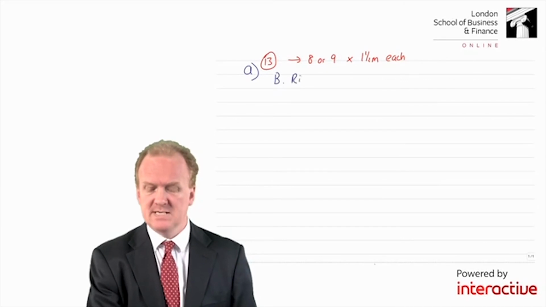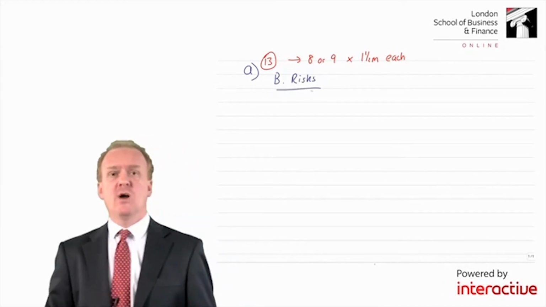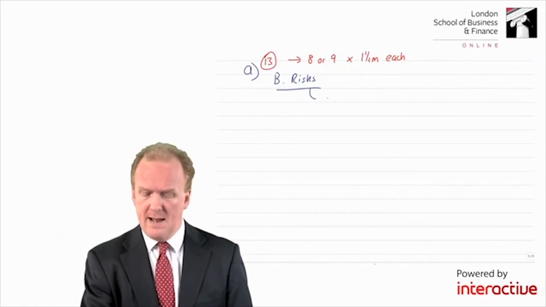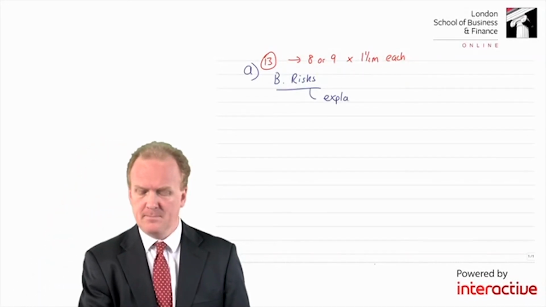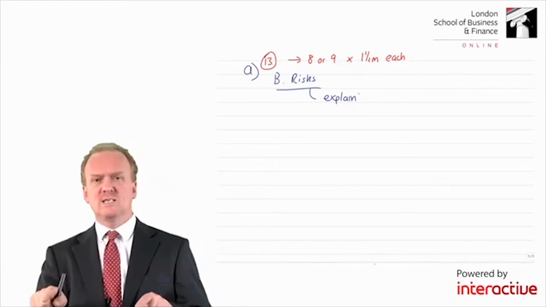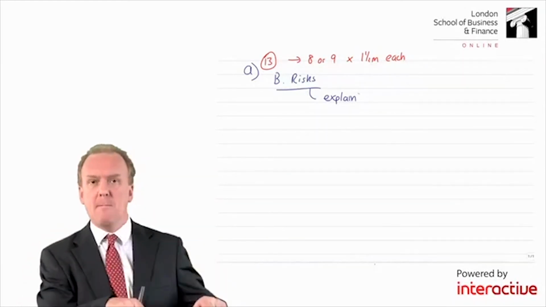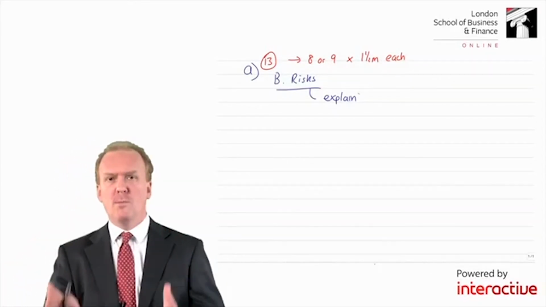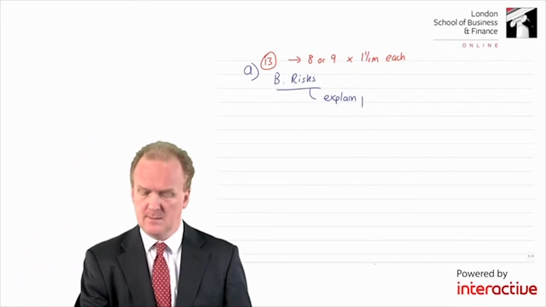It says business risks. And whenever I see business risks, I should be thinking things. I must explain them in terms of risks, problems to the company, not its financial statements. Talk about problems for the company.